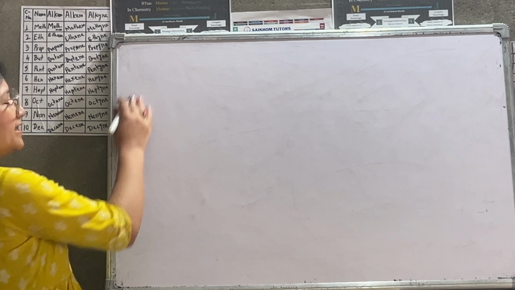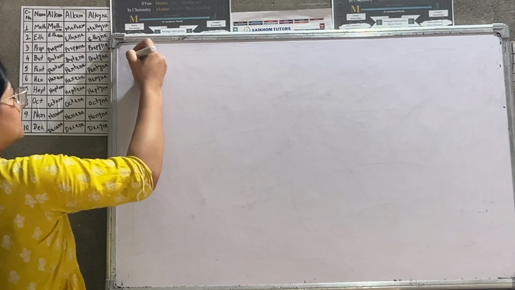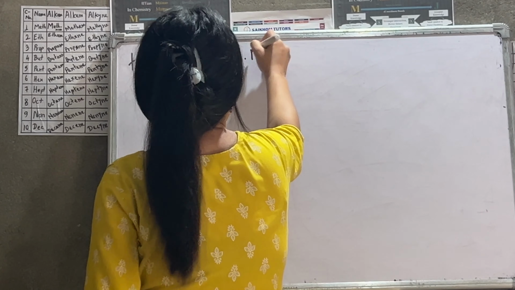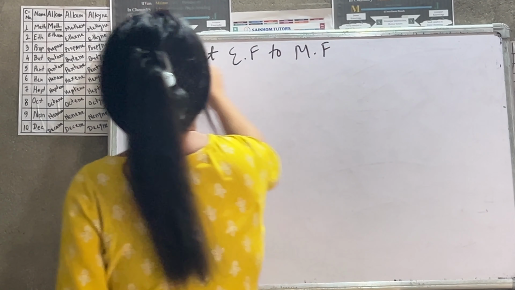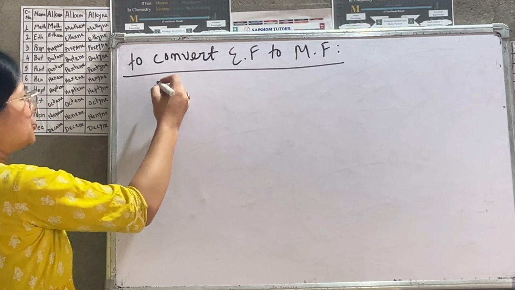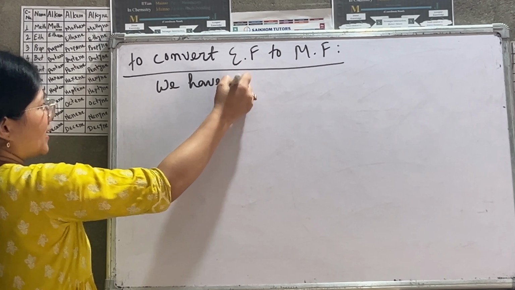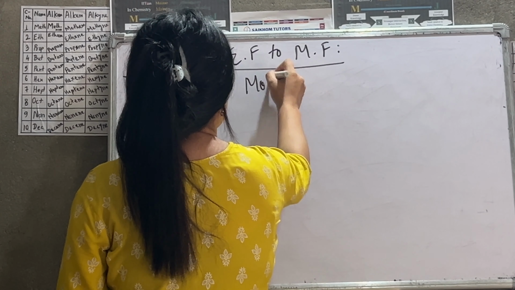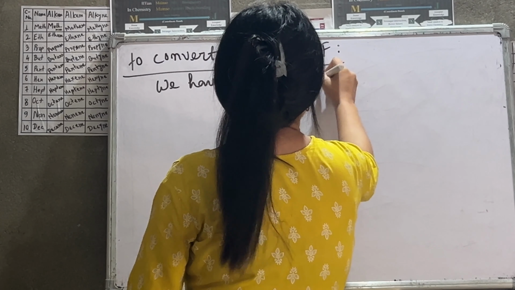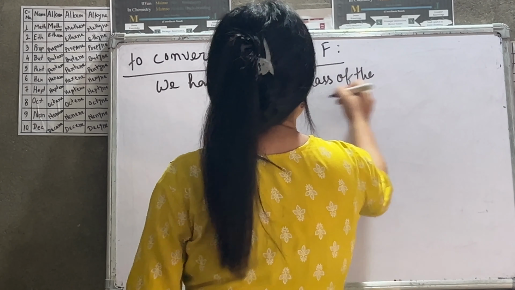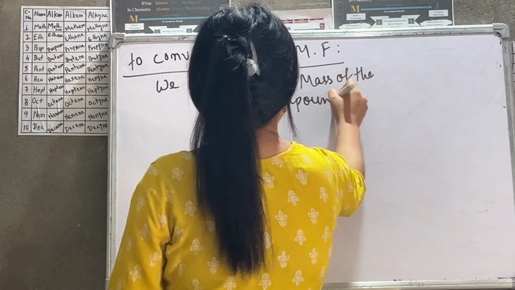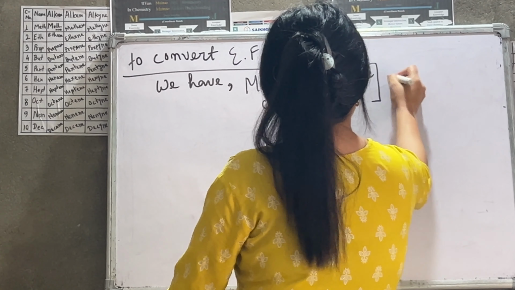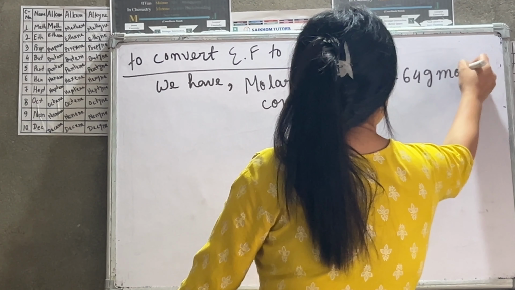To convert the empirical formula into the molecular formula, we have the equation that the molar mass of the compound is equal to 64 gram per mole.